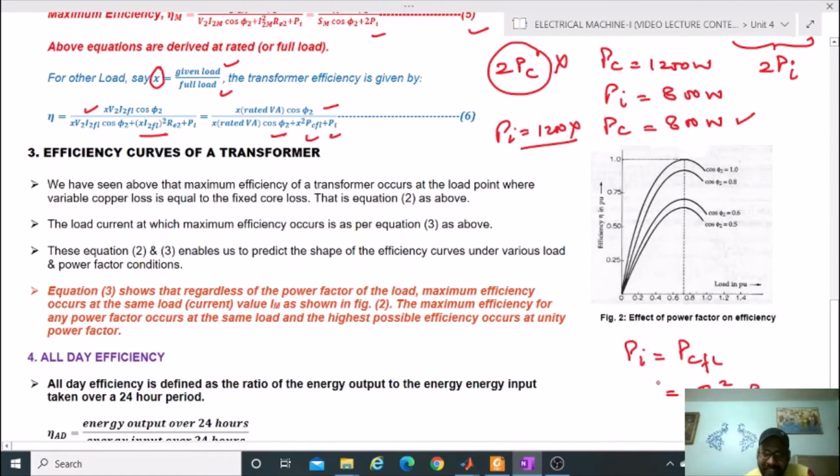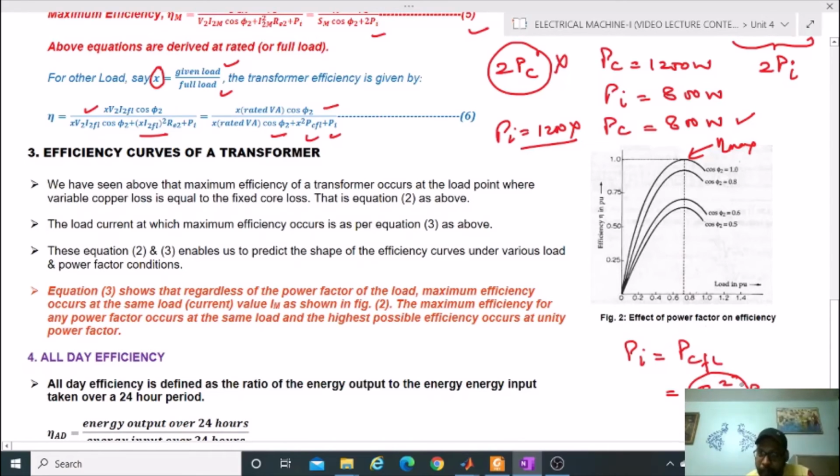Now we can see here that the condition for maximum efficiency depends only upon the load current, the current at which it occurs.